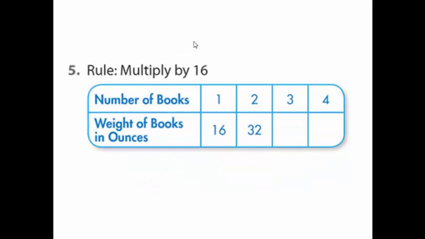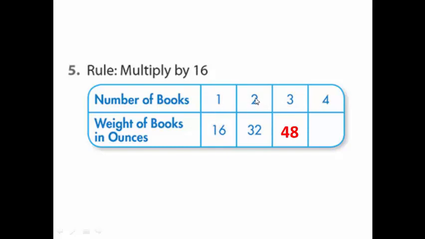Now, let's take this question. We have question number 5. Multiply by 16. It's harder than the previous ones. But who can answer this, number 4? We have 1 times 16 equals 16.